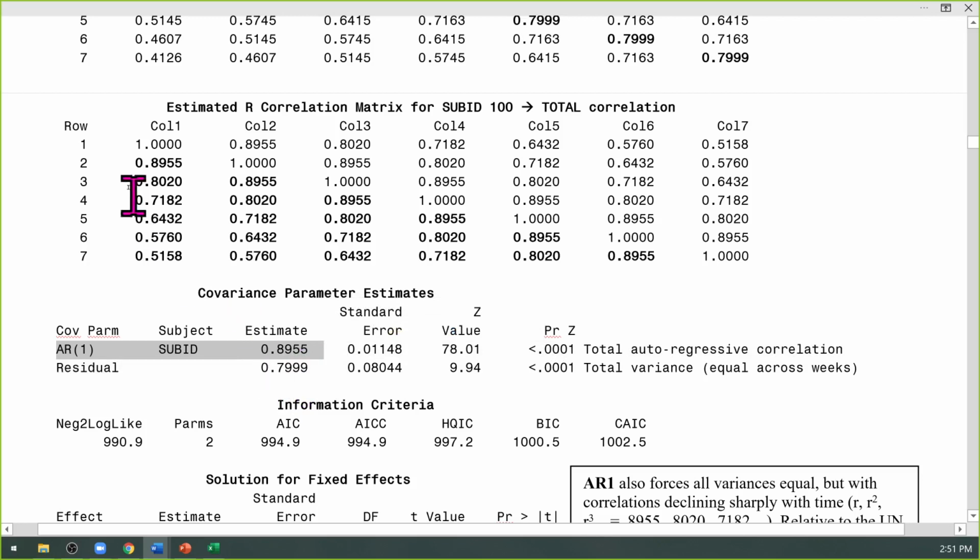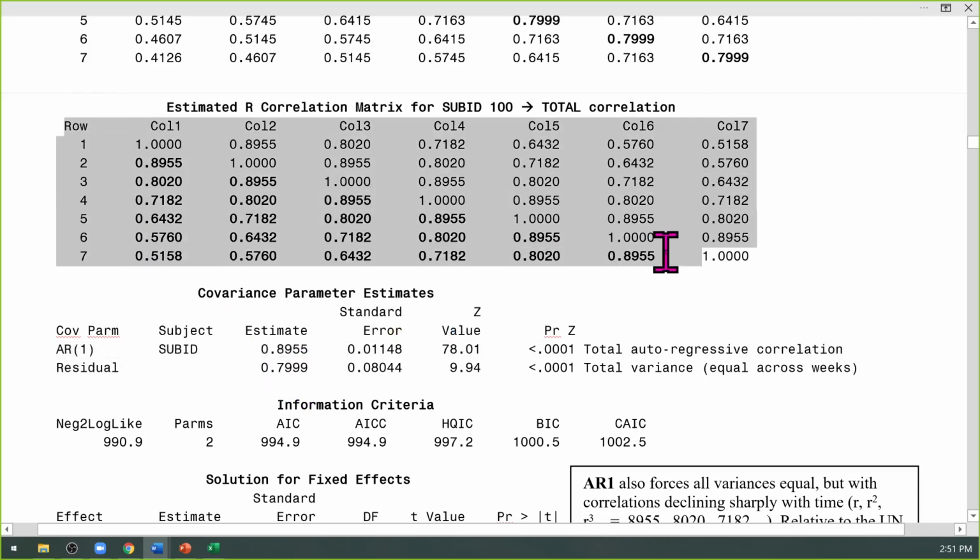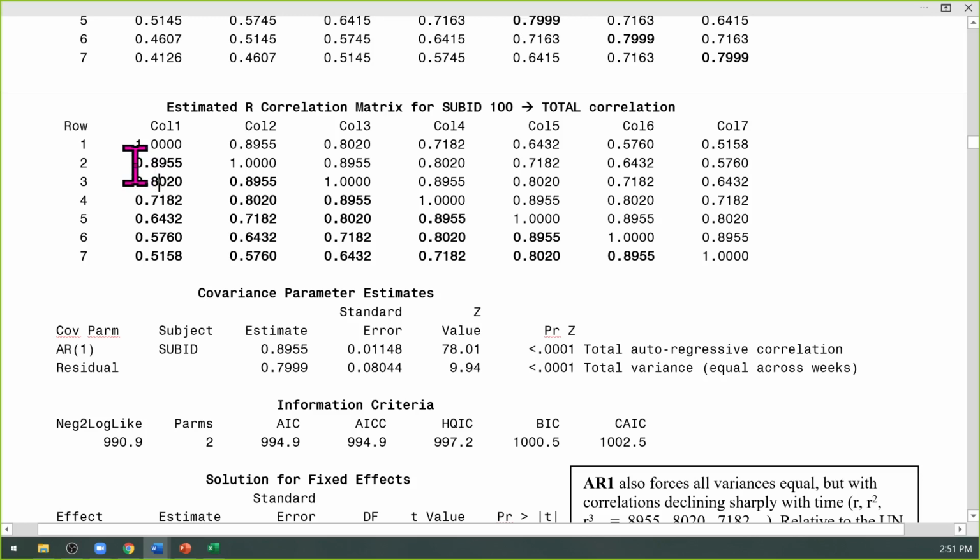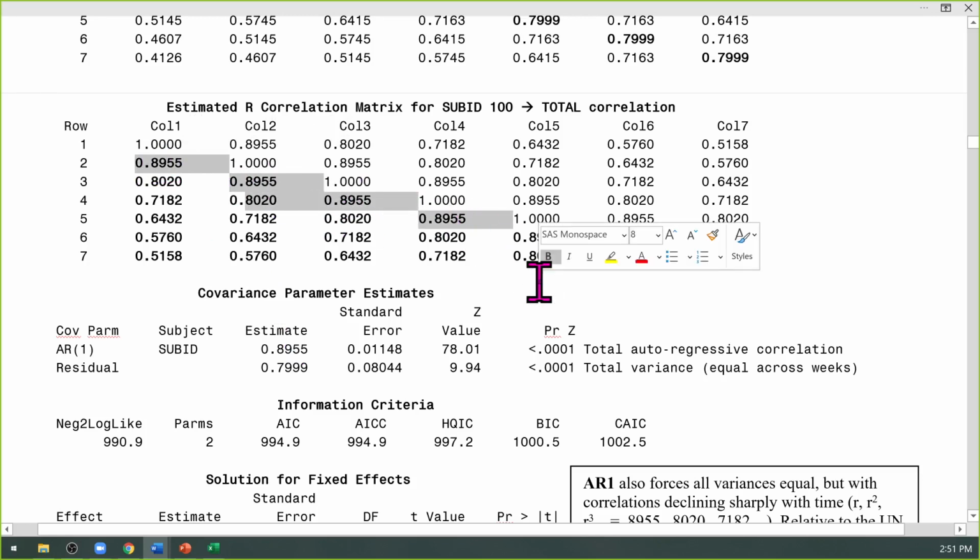You can see that play out in this R-core table. The correlation between occasions 1 and 2, 2 and 3, 3 and 4, 4 and 5, that whole off-diagonal is the same, because this model says that the correlation between occasions 1 unit in time apart is R. R was estimated at 0.8955, so that's what it predicts for adjacent occasions.